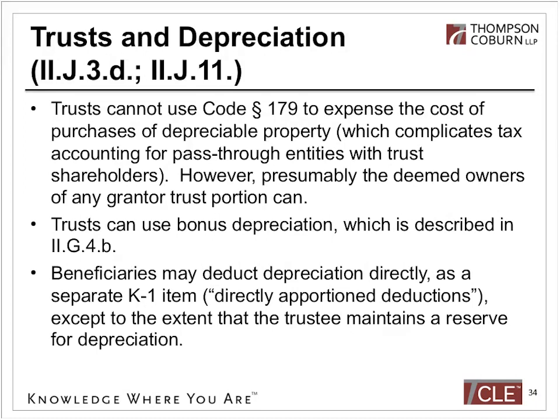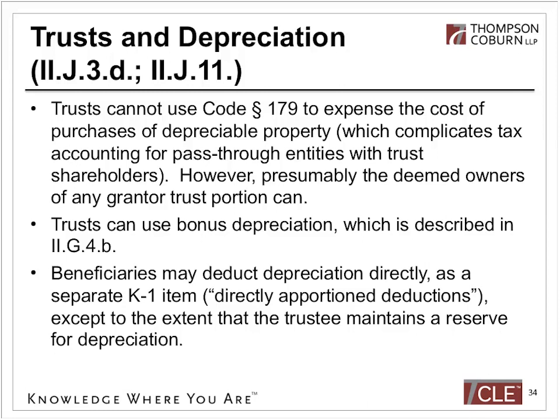So a trust can use the bonus depreciation, but the other unusual thing about depreciation is that if the trust does not maintain a reserve for depreciation, then the beneficiaries deduct the depreciation directly as a separate K-1 item.